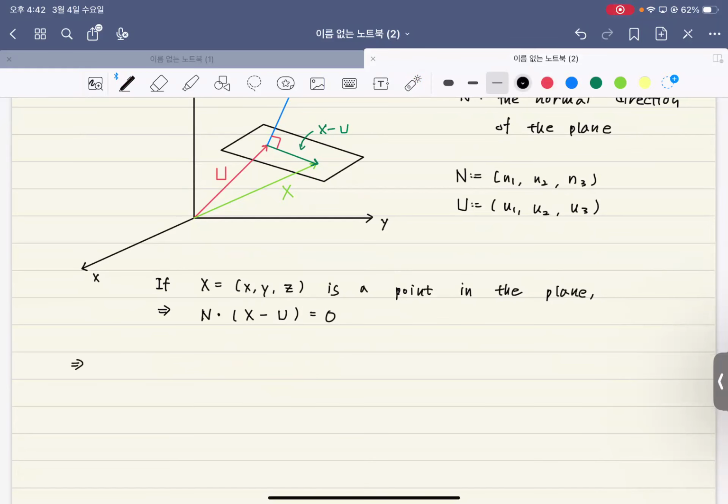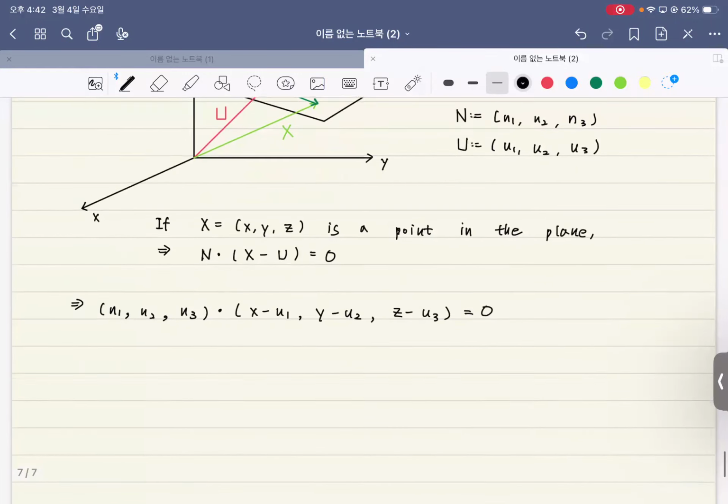So in terms of coordinates, N1, N2, N3 is the vector N, and dot product with X minus U1, Y minus U2, and Z minus U3 equals 0. So N1 times (X minus U1) plus N2 times (Y minus U2) plus N3 times (Z minus U3) equals 0.